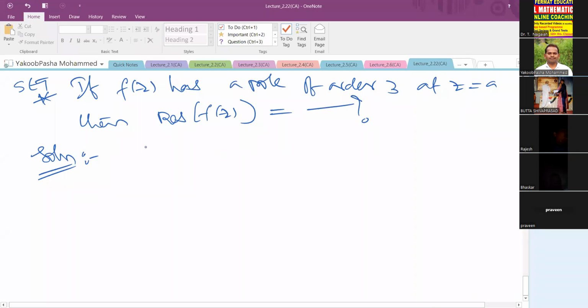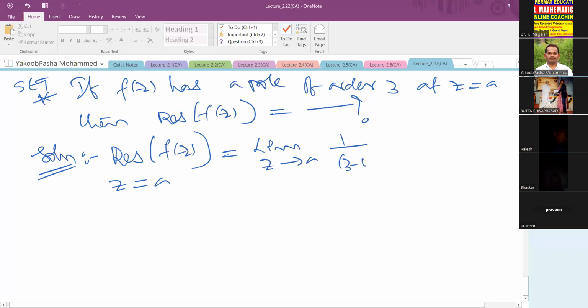What is the formula? The residue of the function f of z at z is equal to a is equal to limit z tends to a of 1 by 3 minus 1 factorial, second derivative, that means 3 minus 1, that is d square by dz square of z minus a whole square into f of z.